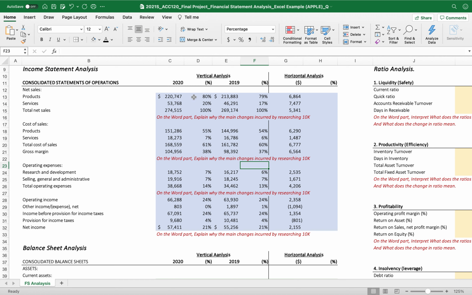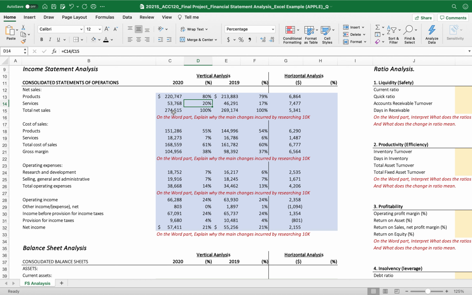Then we can understand from the vertical analysis that the accounts have changed, like products between 2019 and 2020. The sales have increased, right? And then this is 17 from the 70% to 20%.